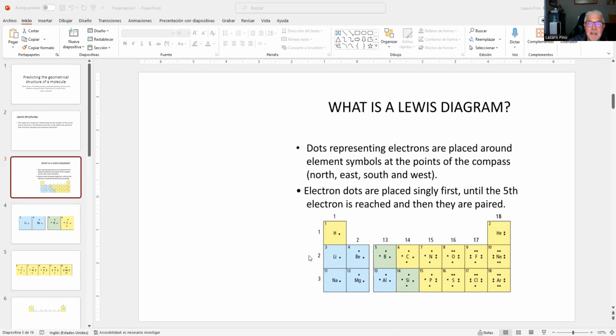But look at this in the second row, in the second period, we begin with lithium. Lithium has only one valence electron. Then we represent it as a dot. Beryllium has two, then I represent the two electrons, and so on with the rest of the elements.